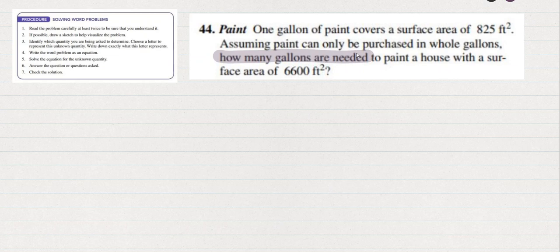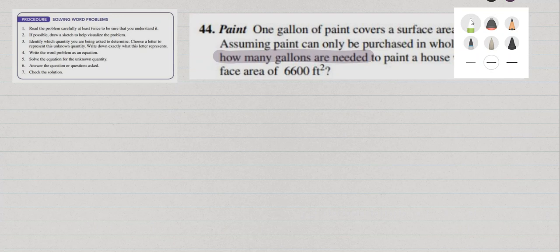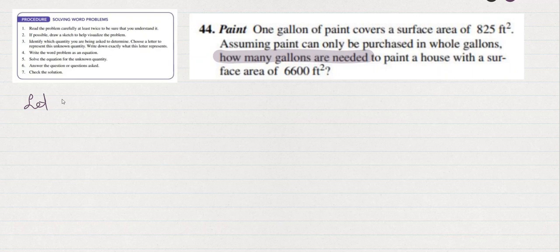This one doesn't really need a sketch, but I do want to identify which quantities are being asked for and name a variable. So I'm going to state let X equal the gallons needed.